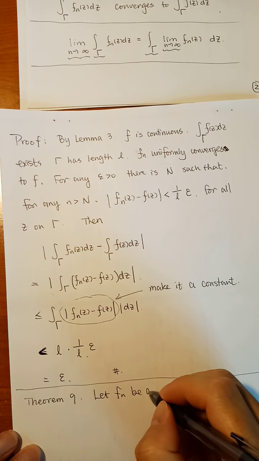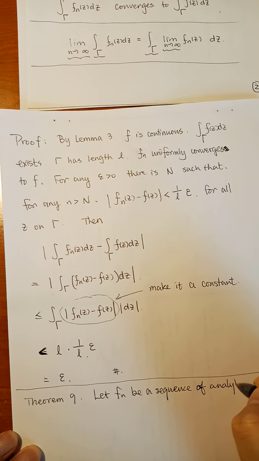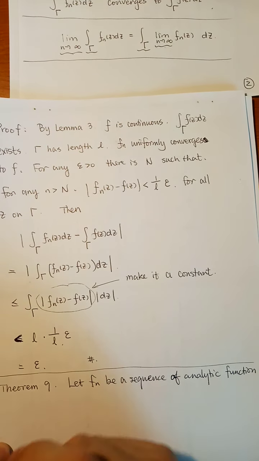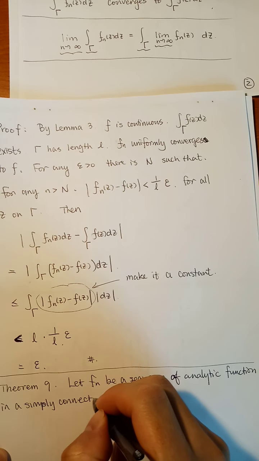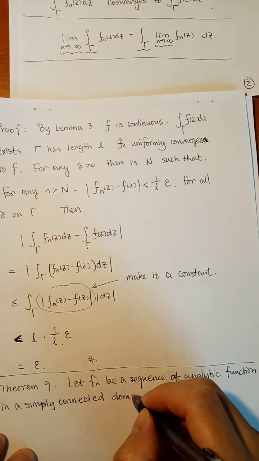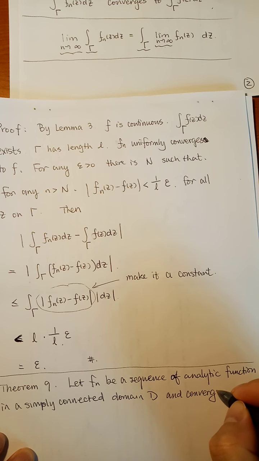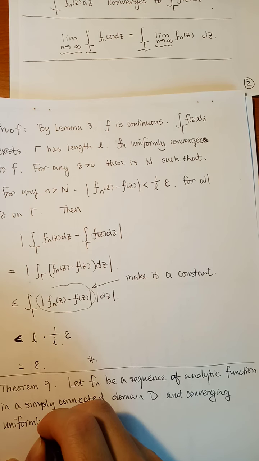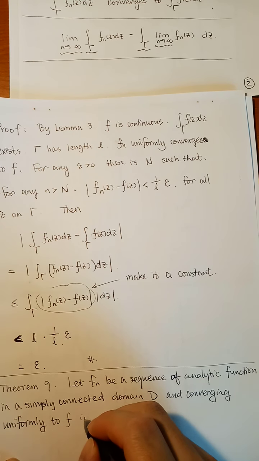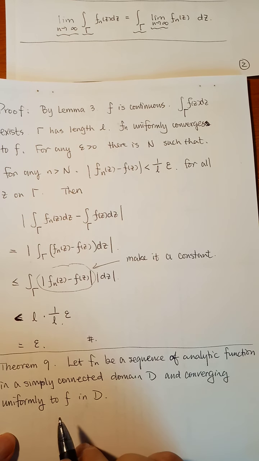Let f_n be a sequence of analytic functions in a simply connected domain D and converging uniformly to f in D. So you have a sequence of analytic functions and you have its uniform converging limit.